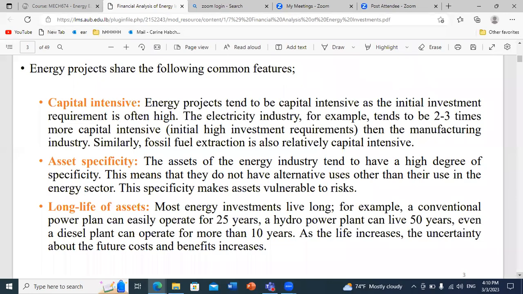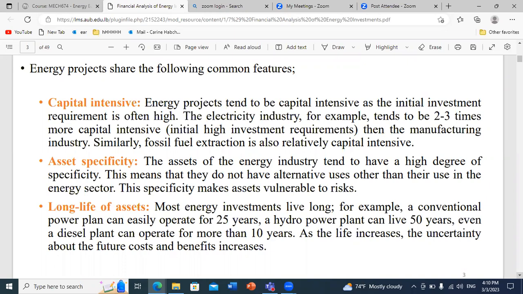Another disadvantage in energy projects is the asset specificity. Energy projects in general are very specific, and the tools used can only serve mainly for energy production. While in other projects, sometimes you have some projects that can have several types of usage, not just one.